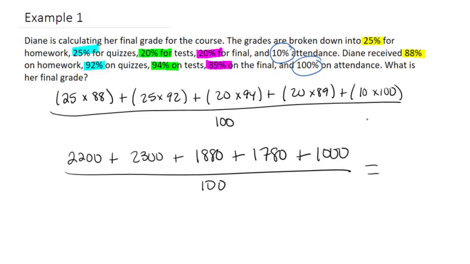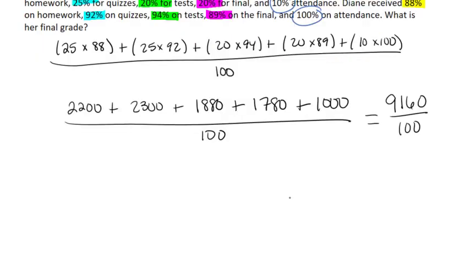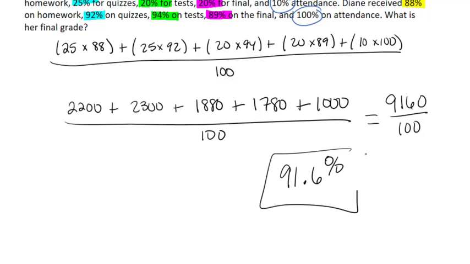So this becomes 9,160, which we divide by 100 to give us the total of 91.6. Right, so it's 91.6%. And that would be our final answer. So let's go look at another example.